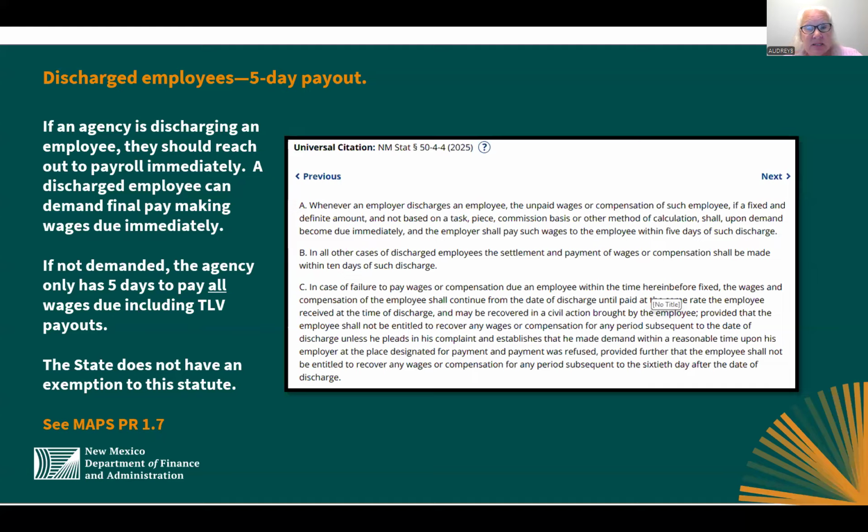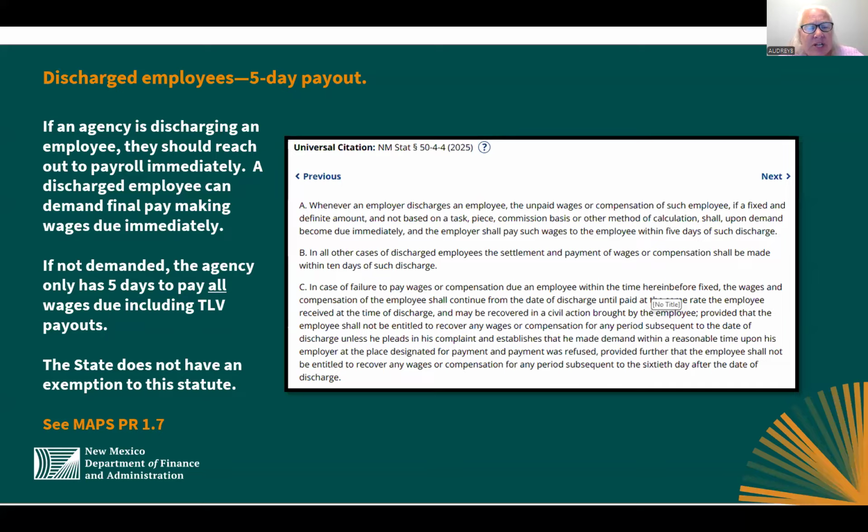So for instance, if an employee is put on administrative leave and there are 40 hours in the pay period that the administrative leave is paying for before the termination date, they would accrue leave on those 40 hours and it should be added to the TLV requested amount.